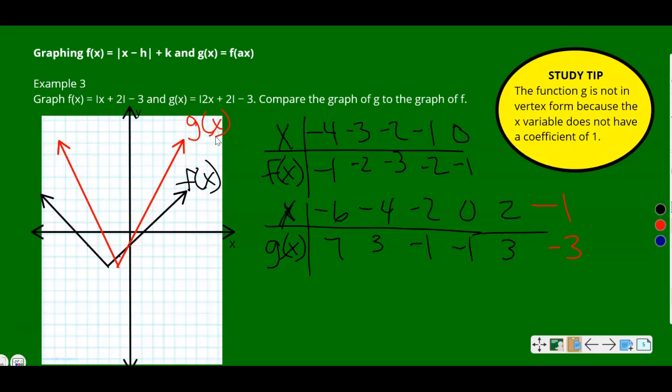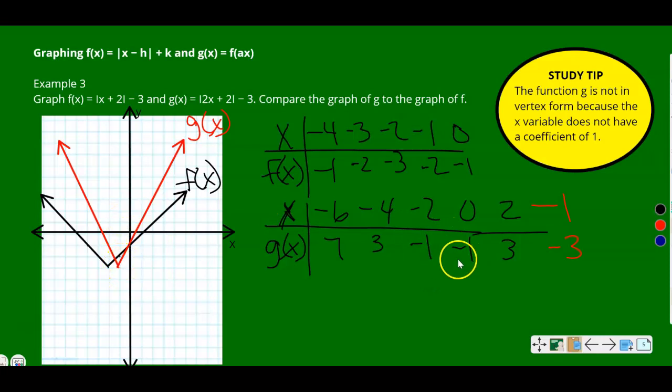All right, so as you can see, I generated this table and I didn't know from the beginning. You don't have to know immediately where the vertex is. Since there's a multiplier here, it changes things up. It's not just HK. So to generate this table of values gives me that shape. But when I found that there were 2 points here, but I wasn't down to the turning point yet.